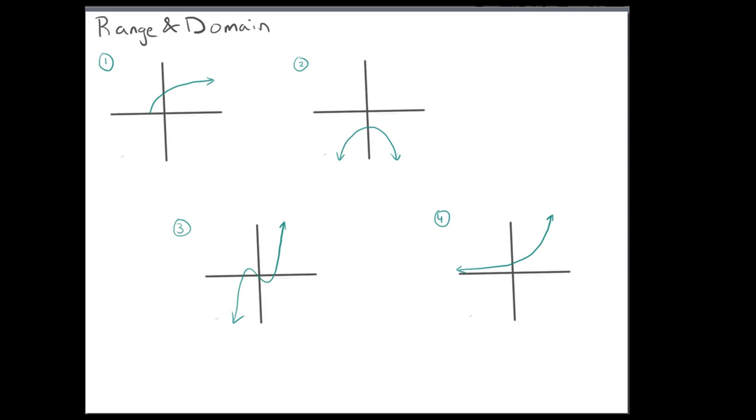What about range and domain? I mentioned that the domain of a function is all the values that go into it. It's all our inputs. So if I had the set of values 1, 2, 2, 3, 7, 8, my domain would be 1, 2, 7.